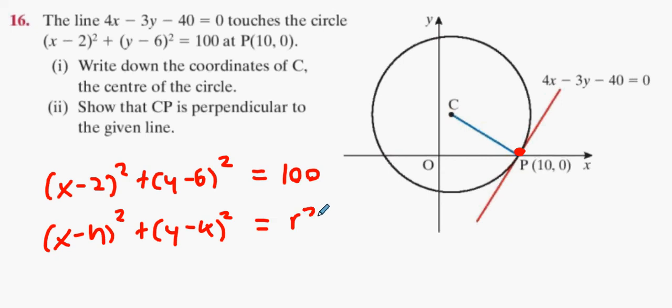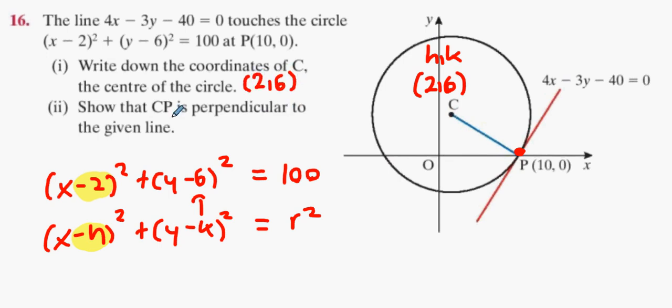Look directly above. What's directly above the minus h? So h is replaced with 2. So this means that the centre of your circle is (h, k), so 2 is the x coordinate of the centre of your circle. What's directly above k? So 2, 6 is the centre of your circle. Is that alright? Coordinate of C is 2, 6.